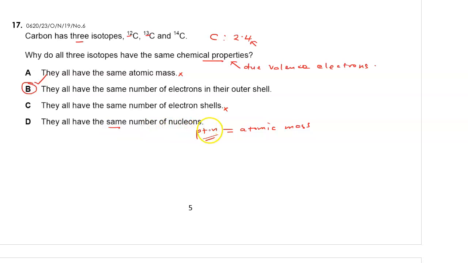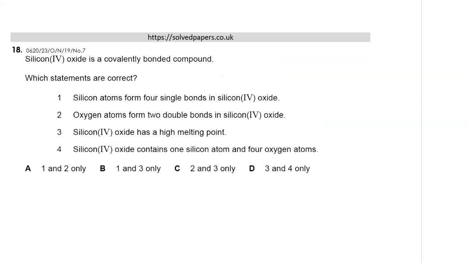And even if they had the same number of nucleons, nucleons are not responsible for chemical properties. Therefore, this is not correct. So the correct answer there is B, the outer shell of electrons, which for each isotope is the same, which is 4.